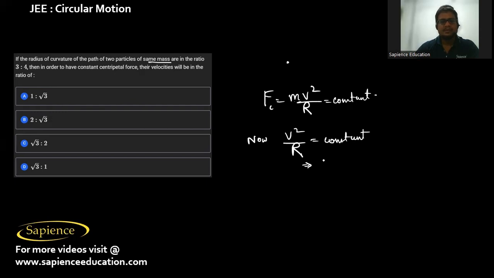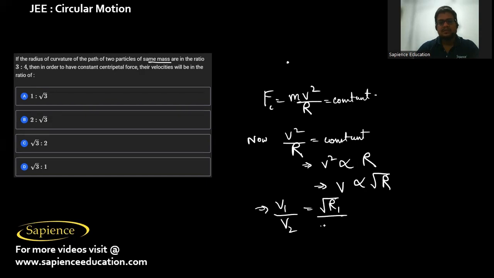So it means that v square will be proportional to r, or it means that v will be proportional to root r. So it means that v1 by v2, the ratio of their velocities, will be the square root of the ratio of their radius of curvatures.